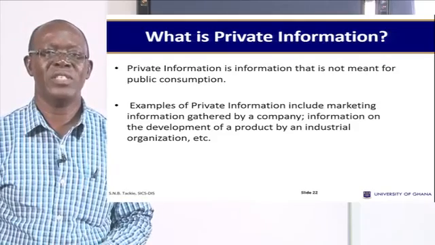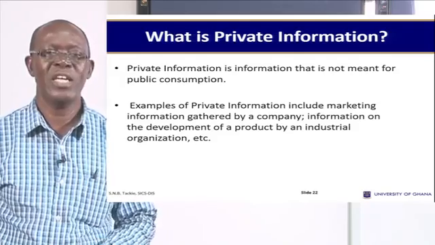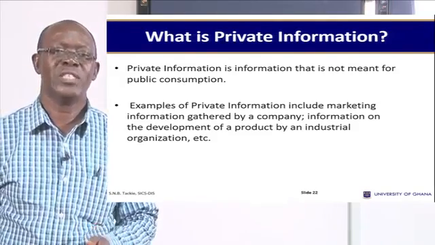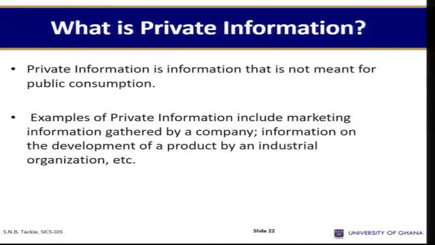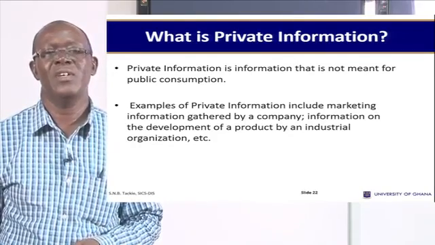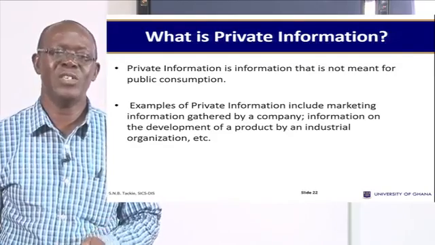These are what we call private information, and companies are allowed to hold these kinds of information in order to have a competitive edge over each other. So let's take, for example, sardines. We all know that sardines are soft, including even the bone. Here's a scenario where you have two companies in Ghana, for example, manufacturing sardines. Let's say company A turns out sardines that are hard, including even the bones.